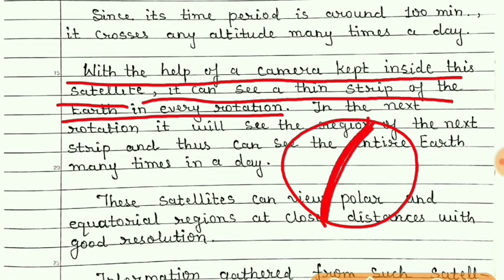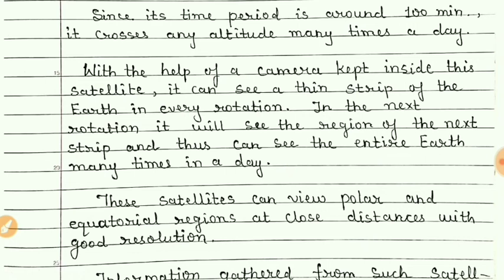Then once again it comes back, it covers the next strip of the earth, and so on. So in this way it can scan the earth, or take pictures of the whole earth. And so information of the earth is obtained very accurately, because the cameras can take the pictures very easily, very nicely, with high resolution, because these satellites are very close to the earth.